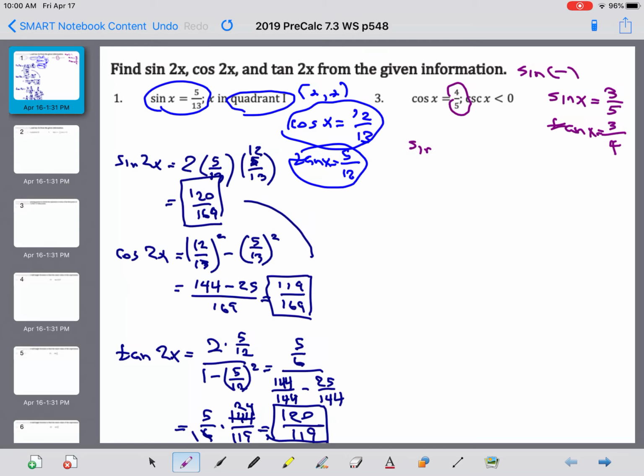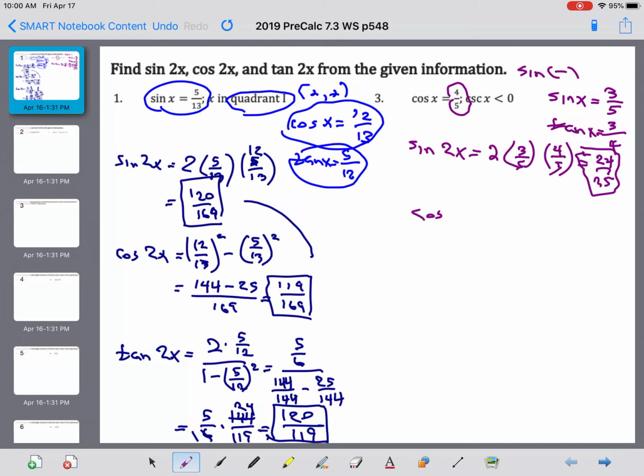So the sine of 2x is going to equal 2 times 3/5 times 4/5, which comes out to be 24/25, but it's negative because the sign is negative here.